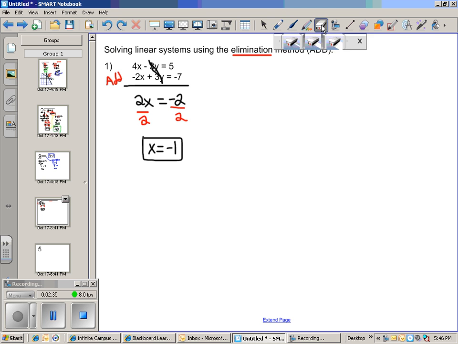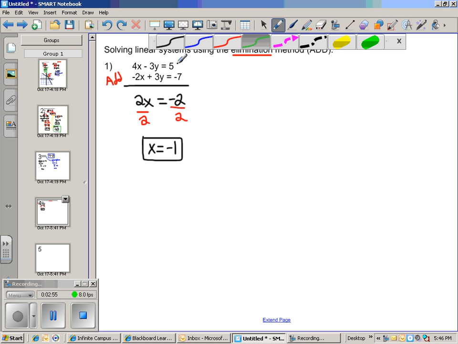So what we're going to do is go back to the original equation, back to the original problem, and we could take either the top or the bottom equation and plug in x equals negative 1 and solve for the remaining y. I am going to take the top just for fun.